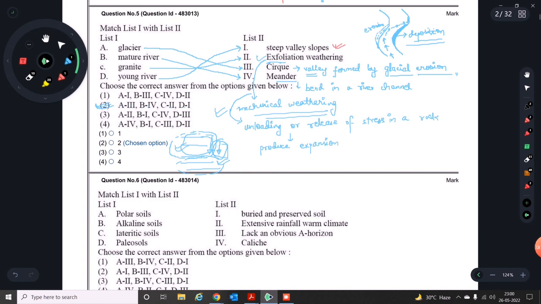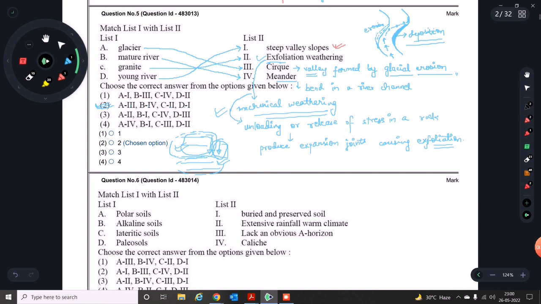Suddenly the underlying rocks will feel the release of stress and they will expand. So there will be joints known as expansion joints, and this will cause exfoliation. So what is exfoliation? Basically, in simple terms, exfoliation is nothing but peeling down of rocks.